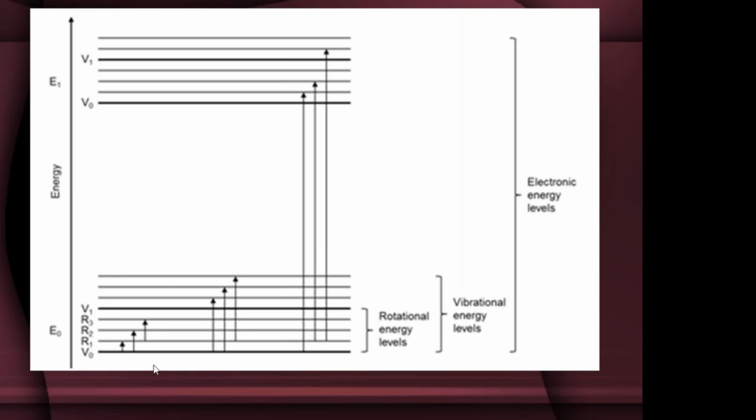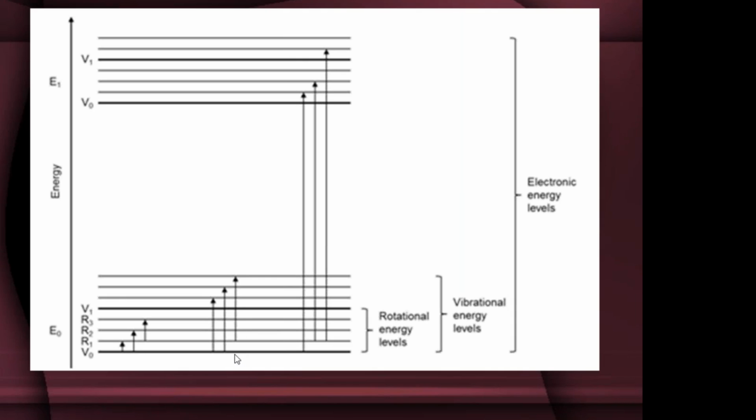Now, if radiation is incident and absorption is occurring, resulting in such a transition, that is V0 R1 to V0 R2 or from R1 to R3, all these are pure rotational transitions. They have not changed any vibrational level nor changed any electronic energy level. Hence, they are called pure rotational transitions, and these will result in line spectra.